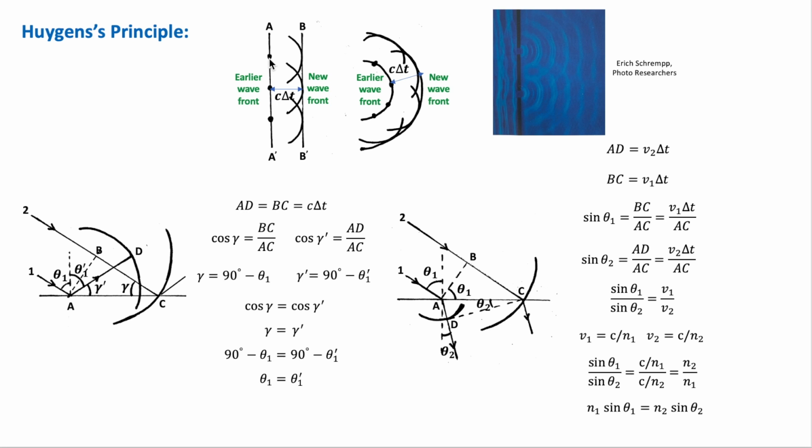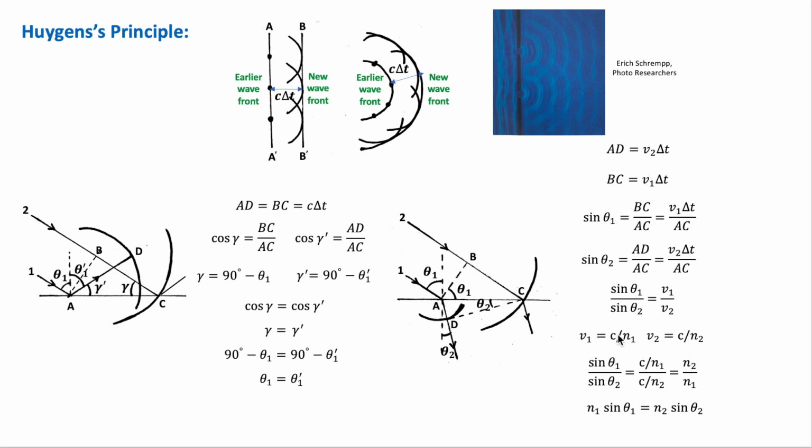So let's consider 3 points on this wavefront. Each point is radiating a spherical wave indicated by these arcs here. Each arc has a radius of c delta t, where c is the speed of light in free space and delta t is the time interval during which the wave propagates.